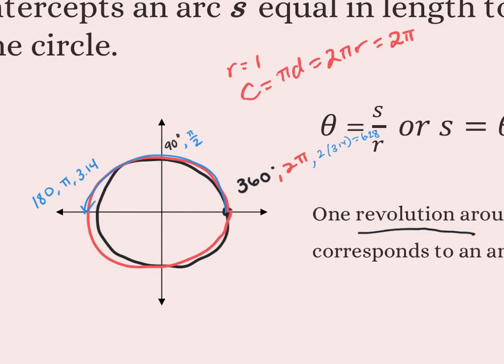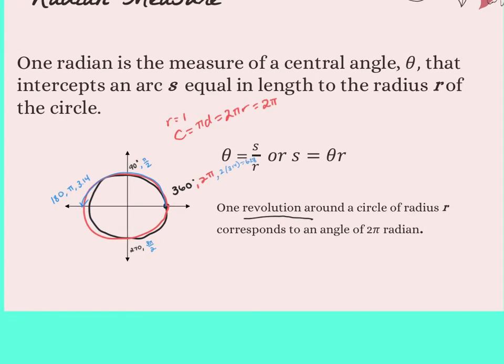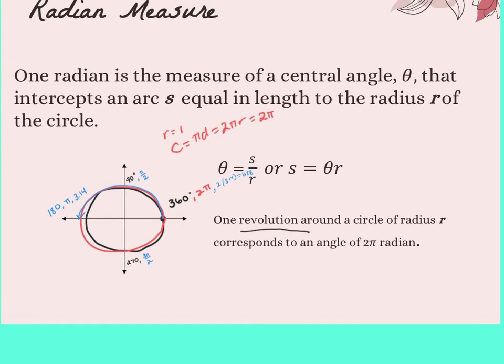And at the bottom, it's 270, and it's 1 1/2 pi, or 3 pi over 2. So those are just our quadrant angles. We're going to dig a little deeper into this in 6.3, but just to get an idea of what they would look like. So 1 complete revolution is 2 pi. Halfway would be pi. 1/4 of the way would be pi over 2. And 3/4 of the way would be 1 1/2 pi, or 3 pi over 2.